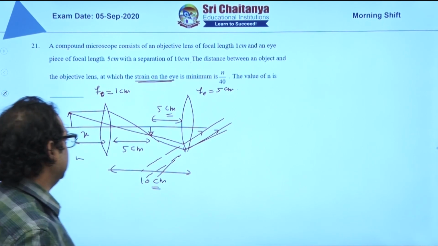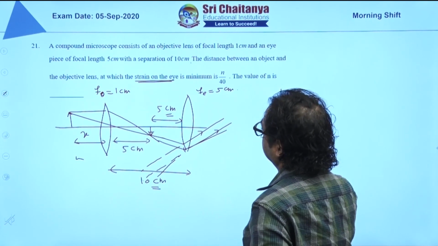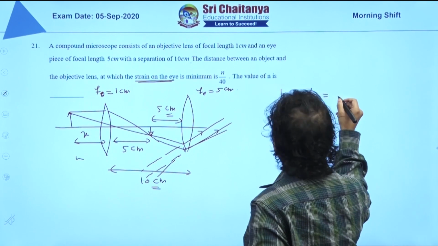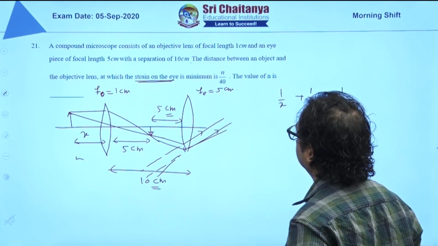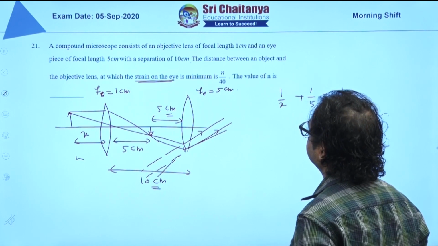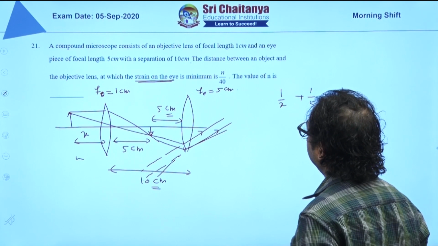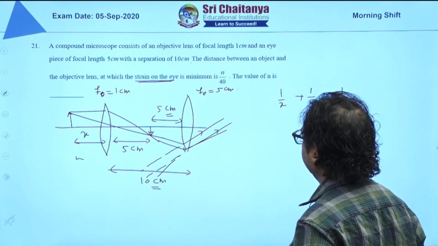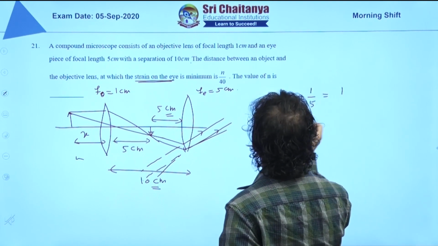Now, the distance between object and objective lens, we need to find this. So, applying the formula, basically 1 by x plus 1 by 5 is equal to 1. The distance between object and objective lens, how much are we getting?